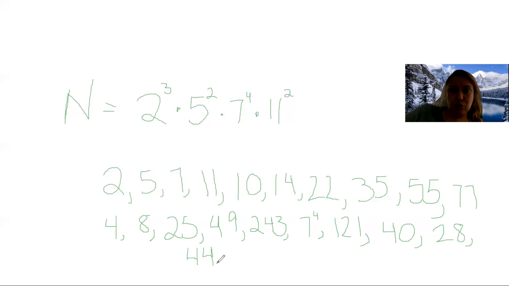I could do a 2 times a 7 squared. 7 squared is 49. 2 times 49 is 98. I can make any combination. So I can find tons of possible things that will divide n.